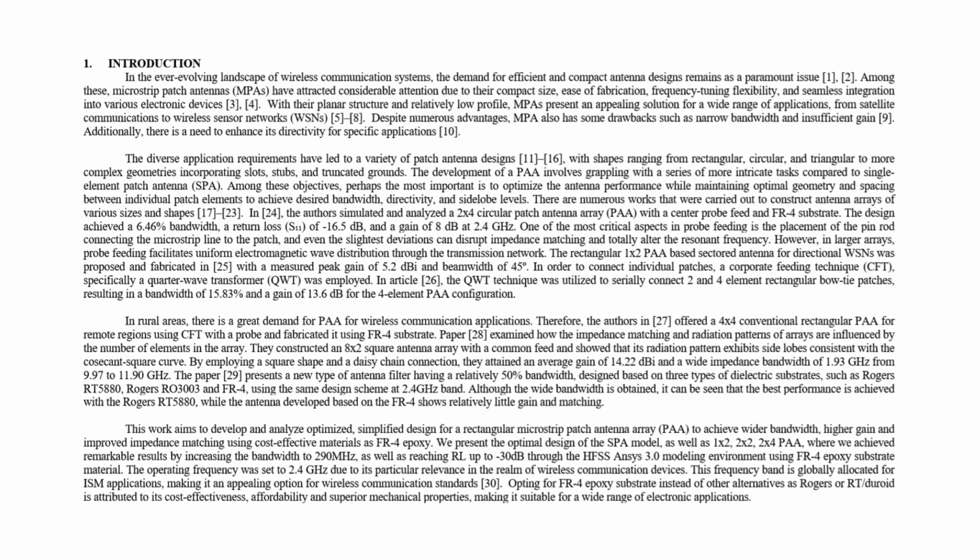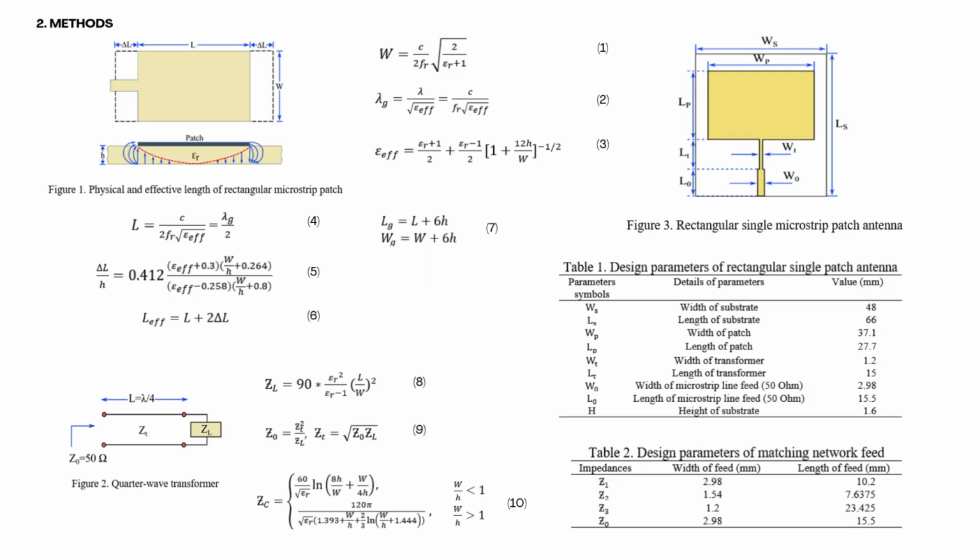These designs were developed in the HFSS Ansys environment with an operating frequency of 2.4 GHz, which is widely used in ISM applications for wireless communication. FR4 epoxy was chosen over alternatives like Rogers or RT Duroid due to its affordability and cost effectiveness. Also for good mechanical properties, making it ideal for various electronic applications.